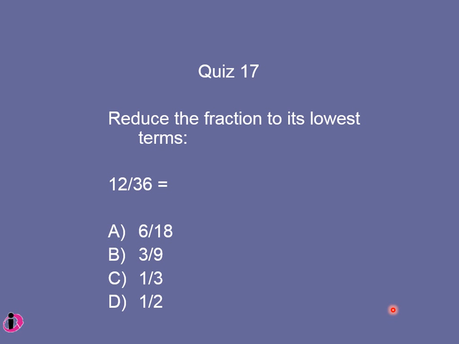Now, I know that some of you can get C very easily, but since we are trying to get the prime factors and cancel out, sometimes it's important to understand how we get these, even if we know the answer. So 12 over 36, if you do the prime factors, what is the prime factor of 12?